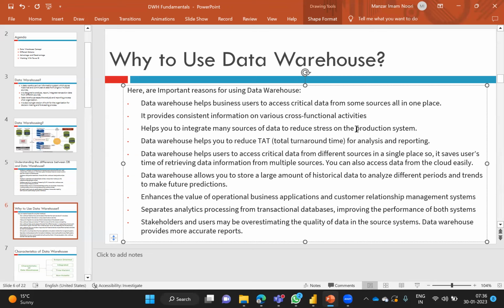If you are creating a lot of joins, network bandwidth will be used, and there will be so much network overhead involved. The throughput and all those things will also be an issue. You have to connect to many different sources, many tables, and that is a lot of stress. Fine. But here data is integrated in one place.